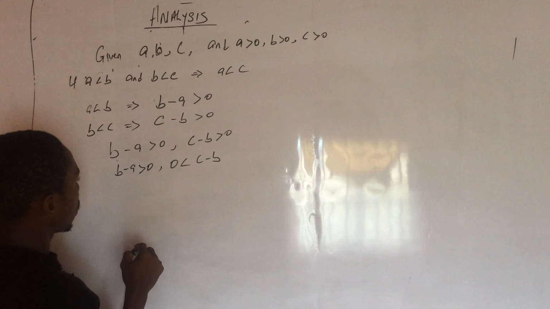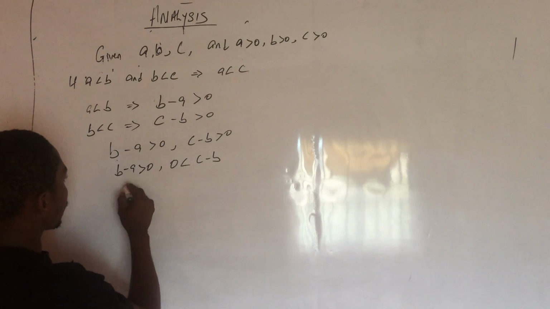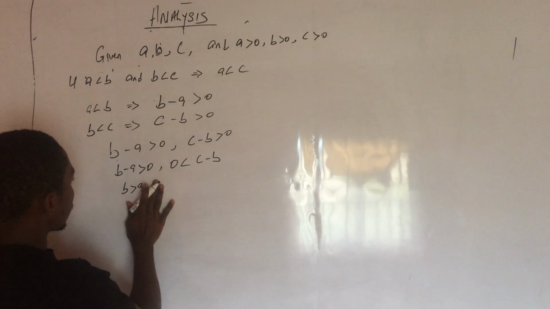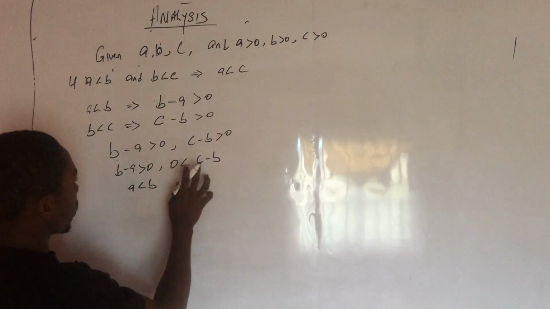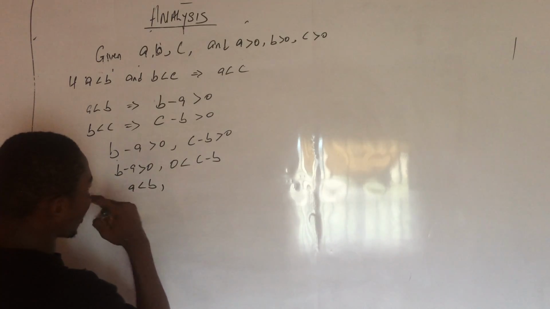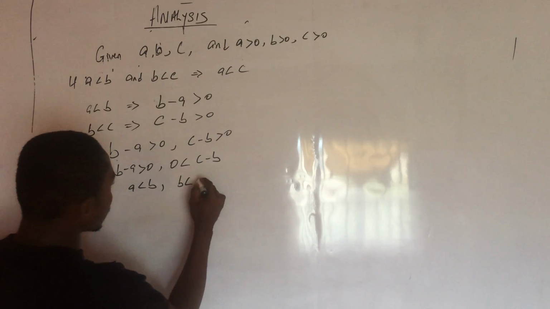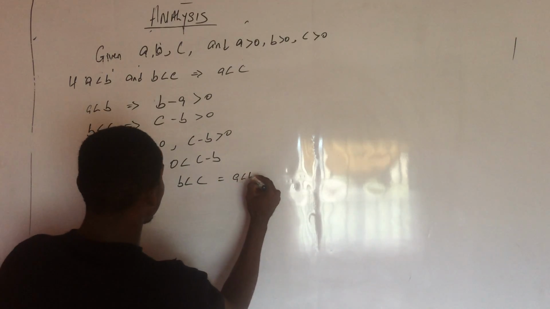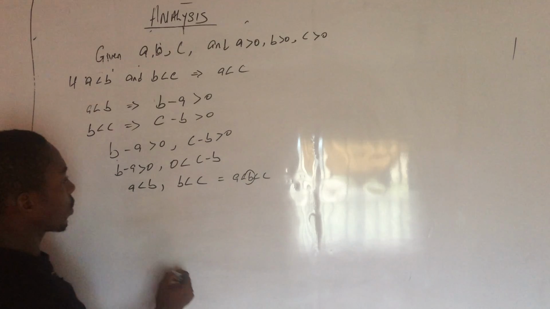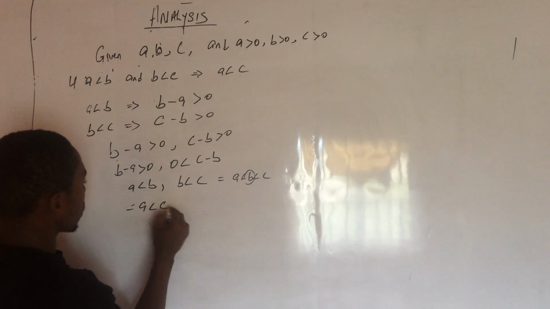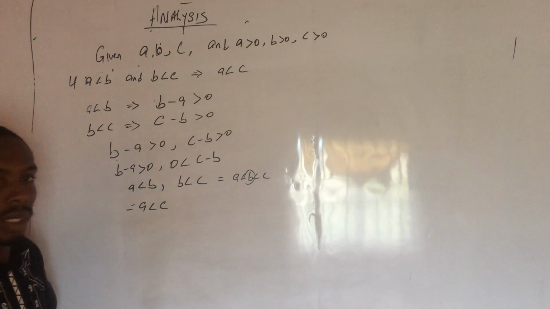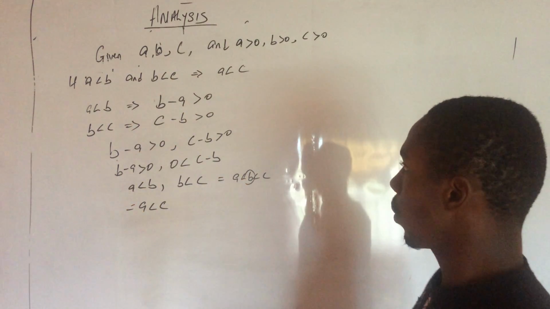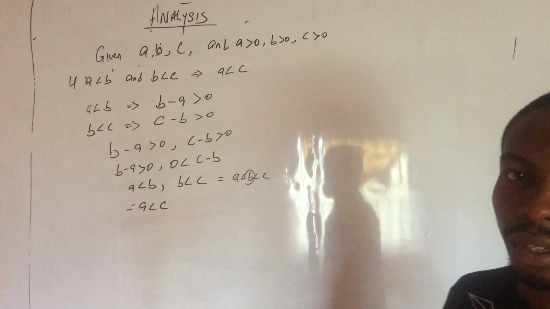So we now say that here A is less than B, and here we have that B is less than C. Putting these two together, we have that A is less than B is less than C. So now this simply means that A is less than C. So I am going to stop here in this video.